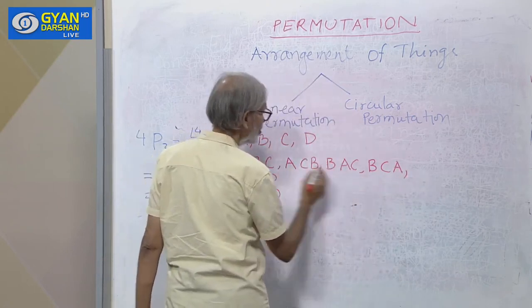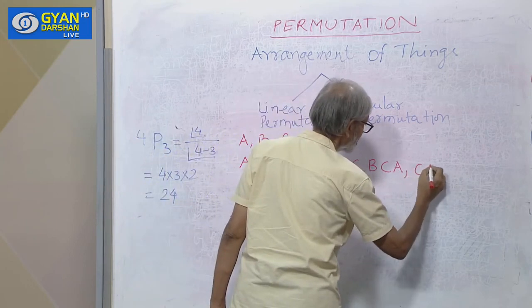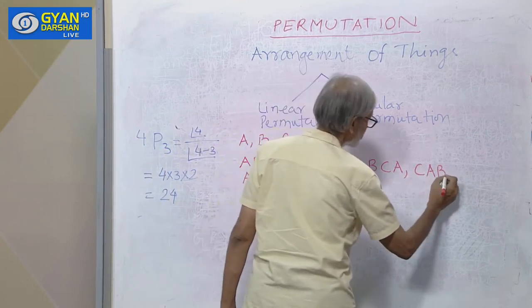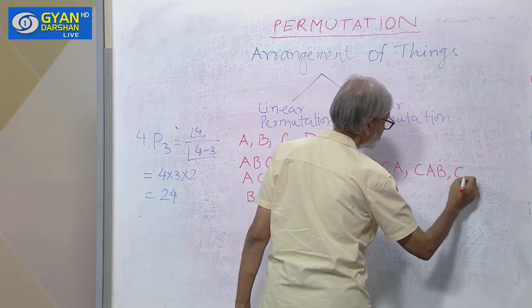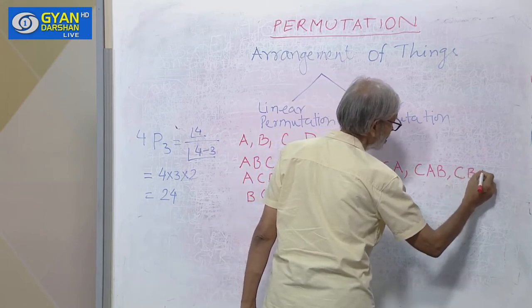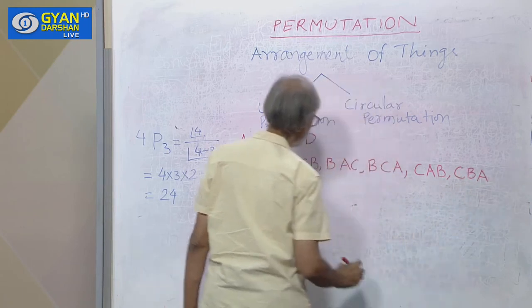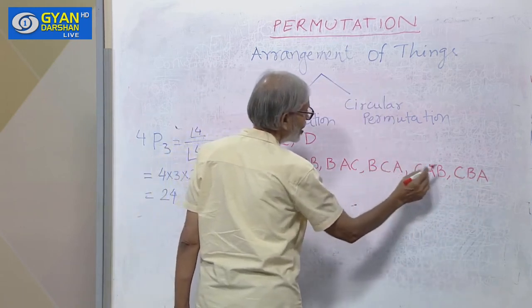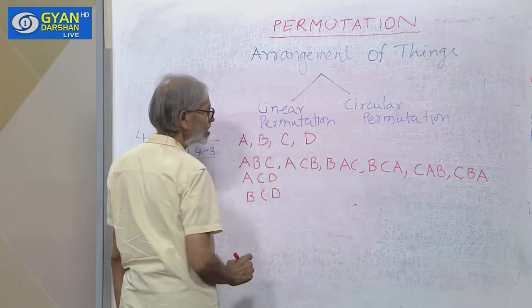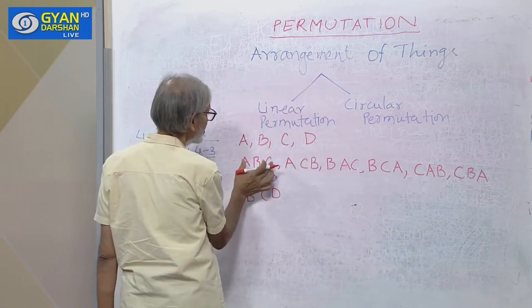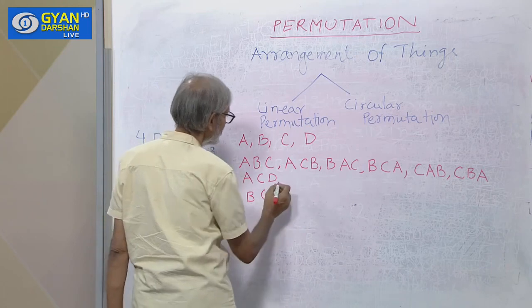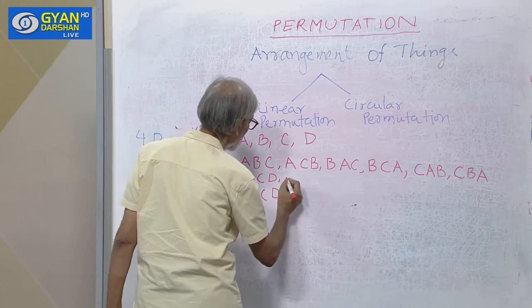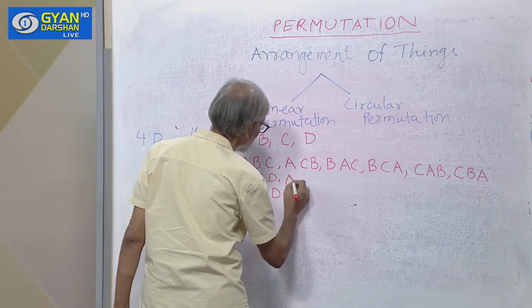Then taking C first: C, A, B, and then C, B, A. So, you can see 1, 2, 3, 4, 5, 6. 6 permutations are possible with A, B, C. Again 6 are possible with this. Let us write it quickly.